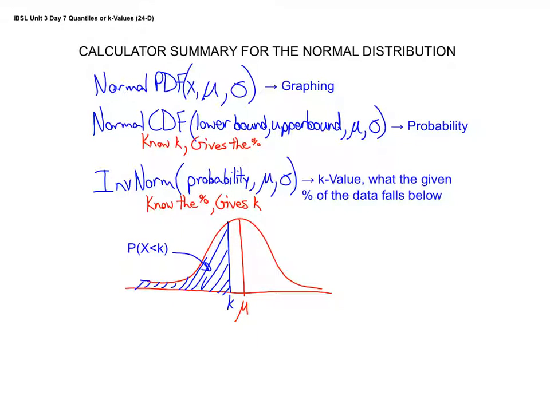The inverse norm is when you know the percent, it's going to give you K. So you should probably memorize these. Those of you with the 84s with the menu, you have a little less to memorize. If you have the 83, you're going to have to memorize what order those go in. I have an 84 plus.